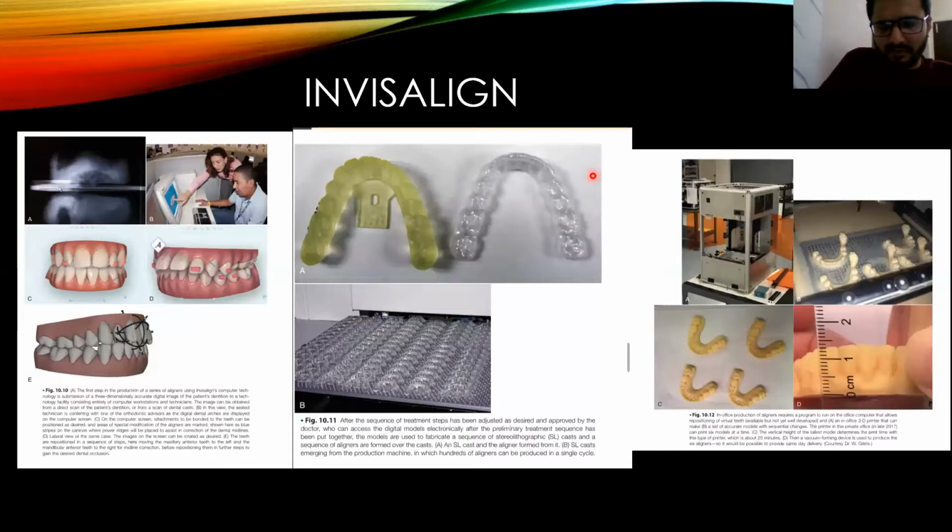Whatever I am telling is very important and has come before. And the material used to manufacture Invisalign trays is SmartTrack material.